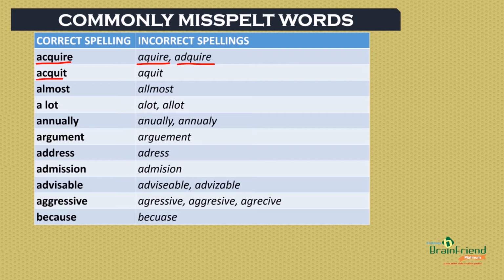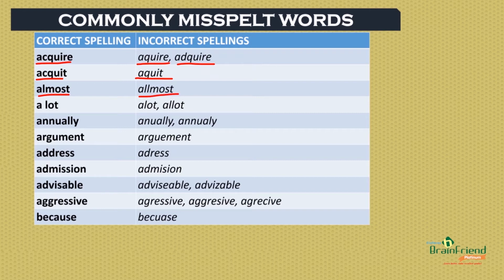The word acquit, correctly spelled as ACQUIT, but spelled wrongly as AQUIT. We have the word almost, correctly spelled as ALMOST, but wrongly spelled as ALLMOST.